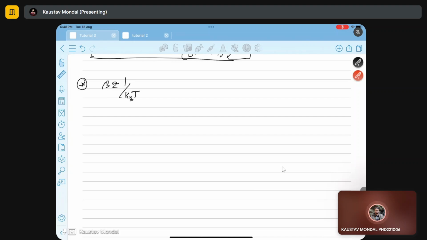But we have not technically derived how beta equal to 1 by kBT comes about. That can actually be derived, so I will give you a very brief derivation of how this beta equal to 1 by kBT comes.